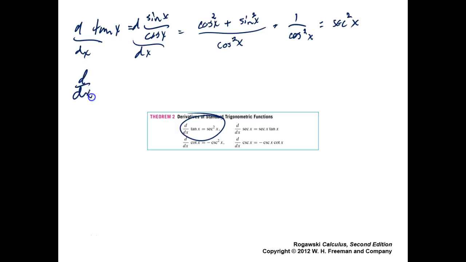d by dx of secant x. And what is secant x, by the way? 1 over cosine. Okay, d by dx of 1 over cosine x.